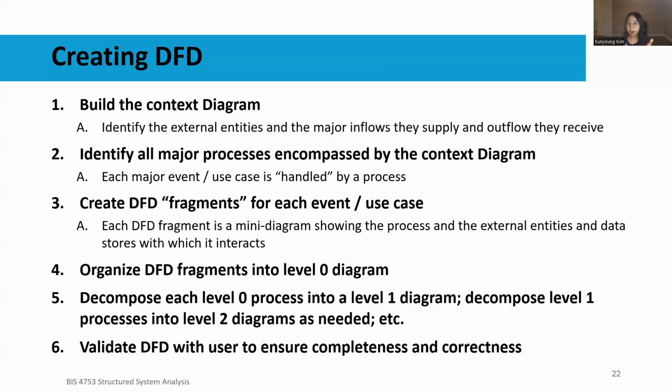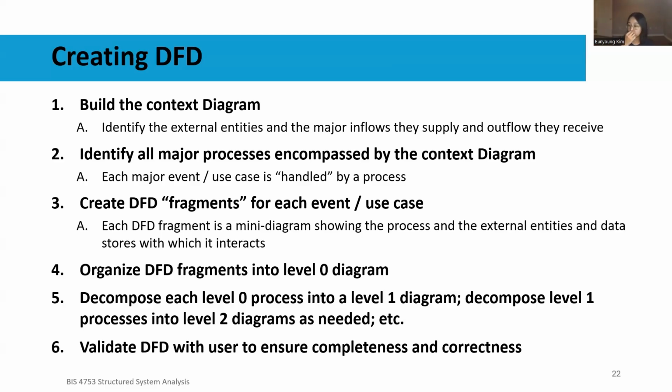And also for the other actions, for example, managing the first draft or managing the royalty, you will also focus on this process in isolation, and then break down, okay, how we will process this royalty for the authors. After that, we will combine these DFDs to define the level 0 diagram and so forth.